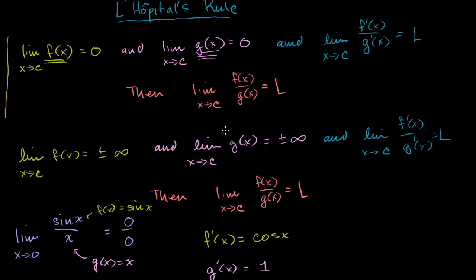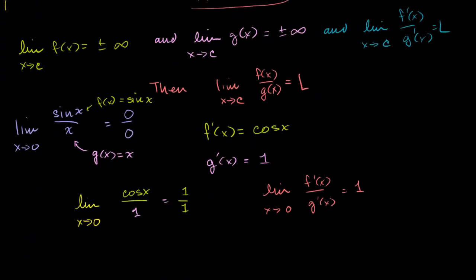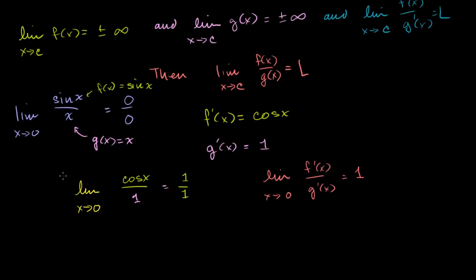So then we know that the limit as x approaches 0 of sine of x over x must be equal to 1. It must be the same limit as this value right here, where we take the derivative of the f of x and of the g of x.